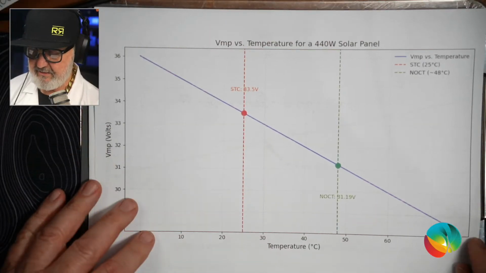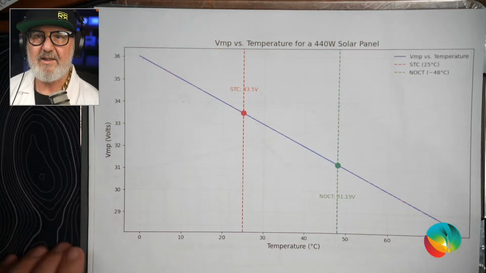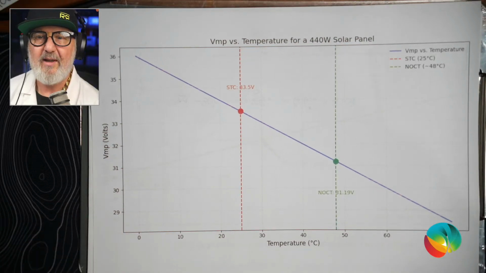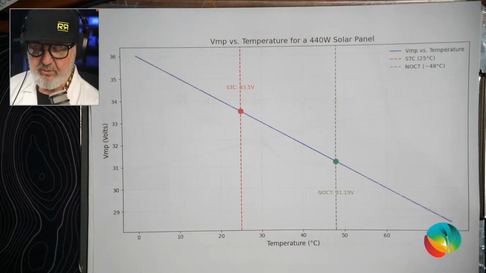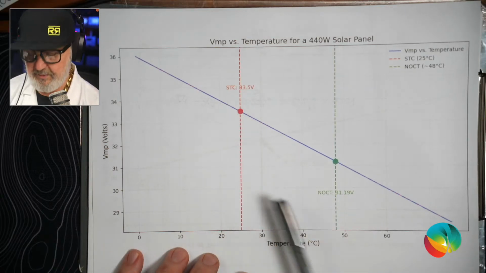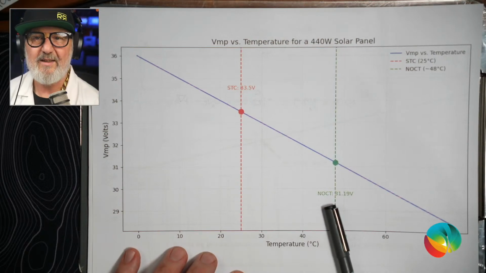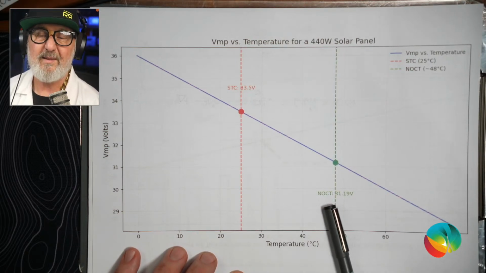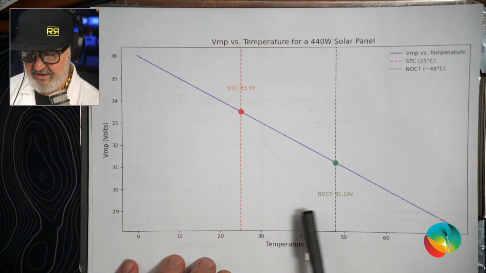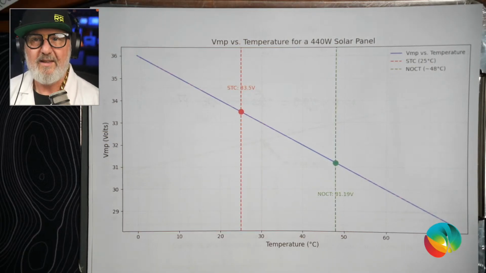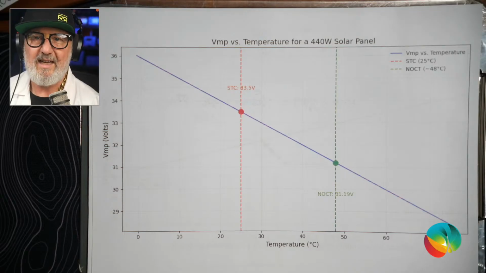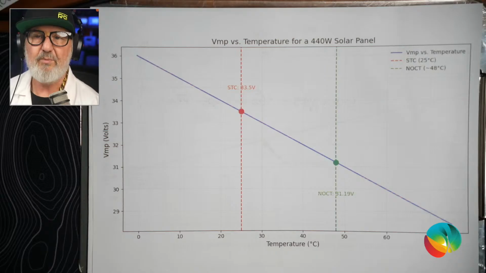So now this is another little explainer table here. What we're looking at is when you look at a data sheet, they'll give you ratings at STC, standard test conditions, but they'll also give you them at NOCT, normal operating cell temperature. Now, what on earth is NOCT and why is it different from STC? So this is an effort to give a more realistic operating number for someone who lives in southern Germany.